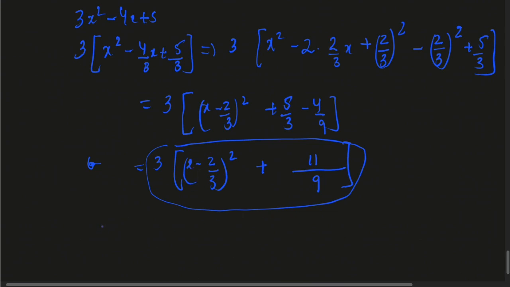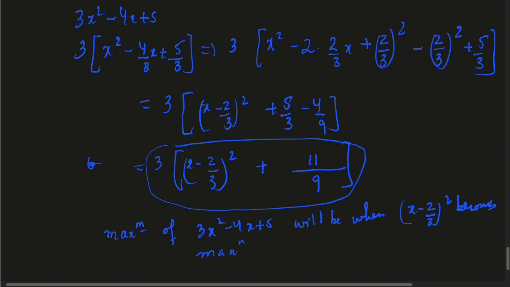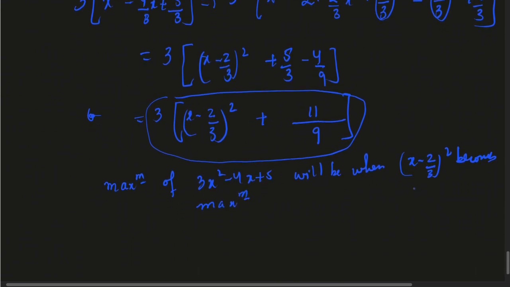So the maximum of your 3x square minus 4x plus 5 will be when x minus 2 upon 3 whole square becomes maximum. So the maximum of this value will be given by the maximum of x minus 2 by 3 whole square.